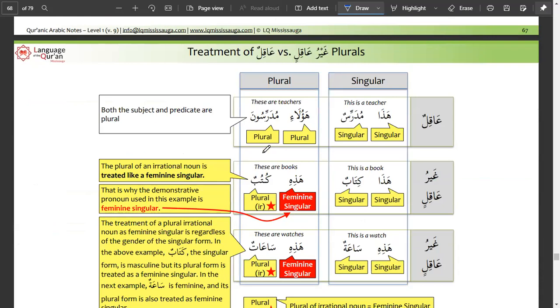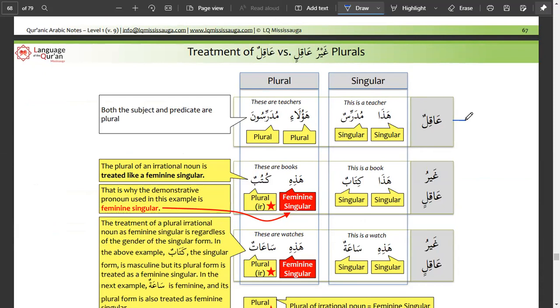Okay, and this is the treatment of aqil and ghair aqil. For the aqil, what is the aqil? Aqil is rational being: human beings, angels, jinns.